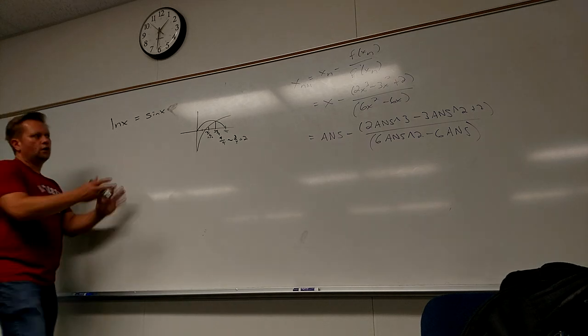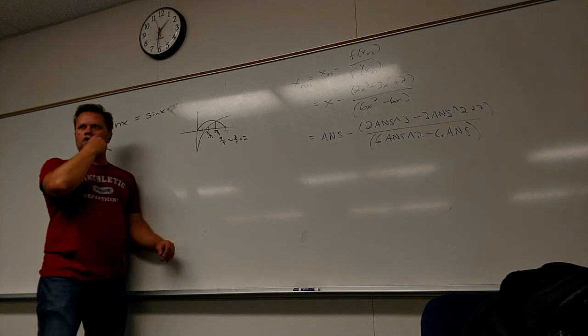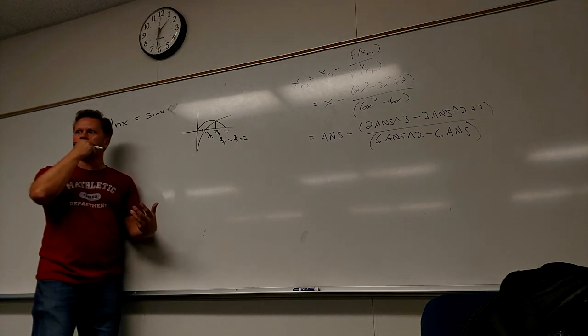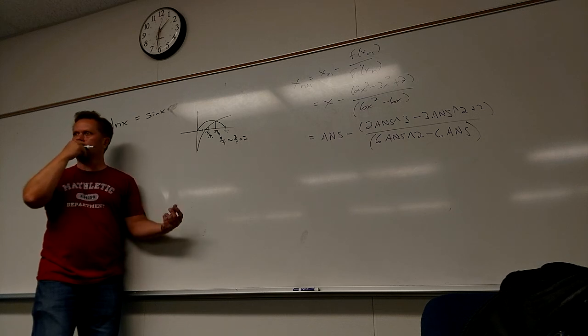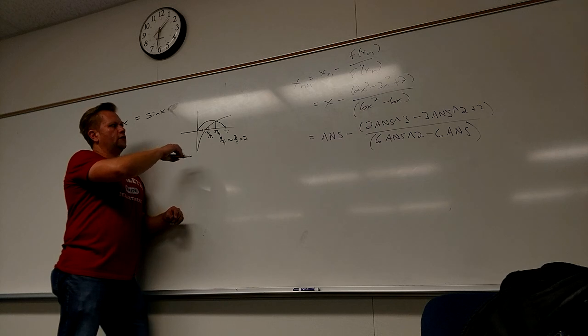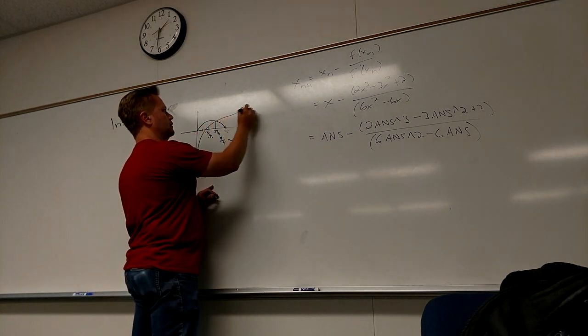So again, if I draw a rough sketch, I know this is a very rough sketch, but it captures the basic idea of ln and sine. Are you with me? And can you see how they're probably only going to have one place where they meet, because this is going to keep rising up and up and up.